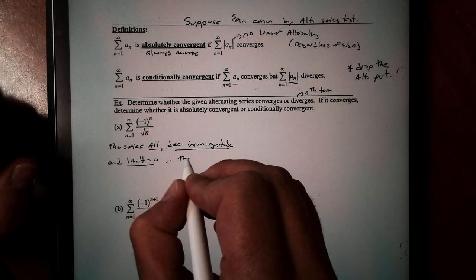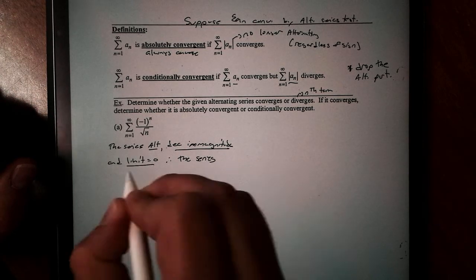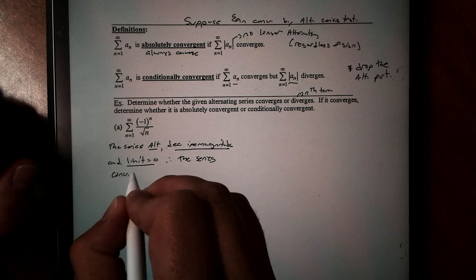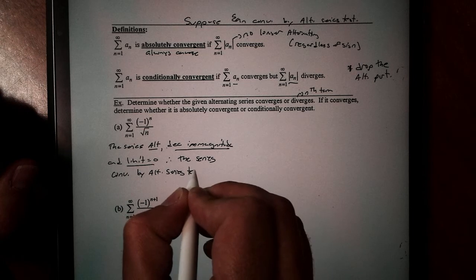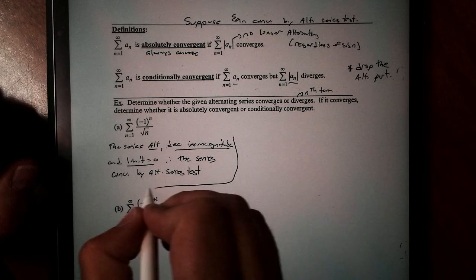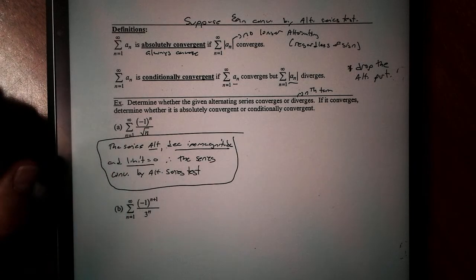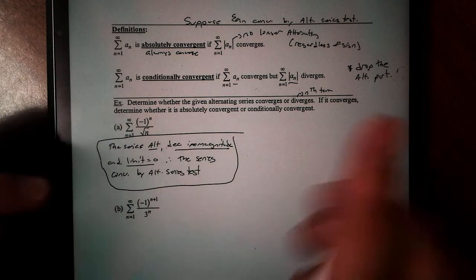Therefore, the series converges by the alternating series test. There we go. So I know that if it alternates, it converges.